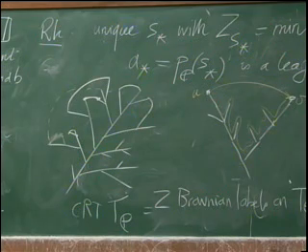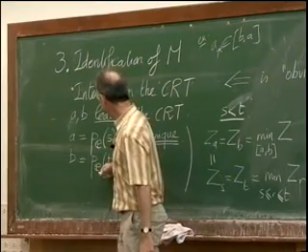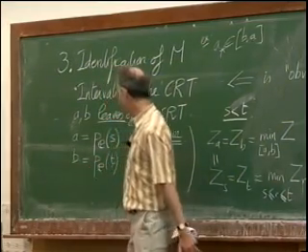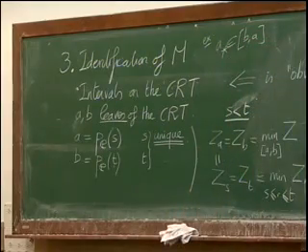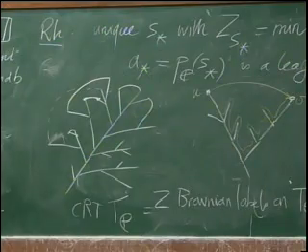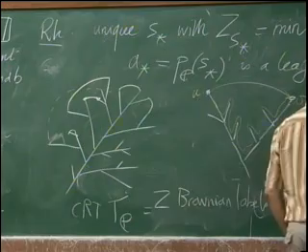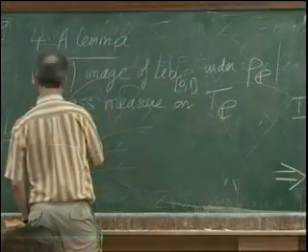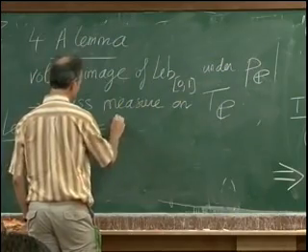Just saying that if we pick T uniformly over 0, 1 here, the corresponding point is going to be a leaf. It's just a property of Brownian motion, in fact. So you have this mass measure spread on the CRT, and the lemma is telling you that you can fix delta positive, say delta between 0 and 1.